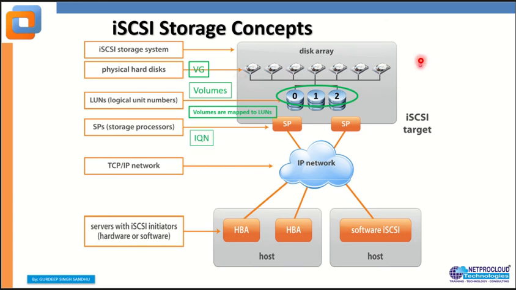If I talk about the iSCSI target, your volumes, meaning your LUNs, are mapped to the IQN. IQN stands for iSCSI qualified name. We will discuss IQN in the upcoming slides. And it's the software HBA, meaning vmhba. So here our Ethernet network, your NIC, will work fine.